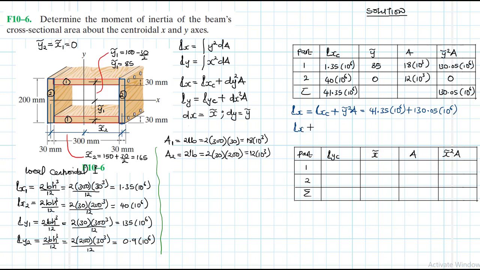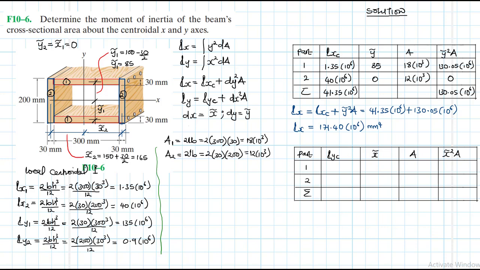Therefore, moment of inertia about the x-axis becomes 41.35 plus 130.05, which gives us 171.40 times 10 to the power 6 millimeters to the power 4.